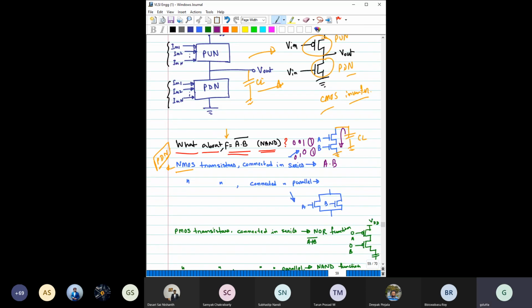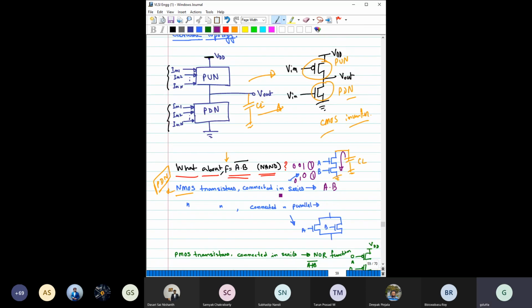Now what will happen if you connect two NMOS in parallel, say like this? Again, think from the same perspective. If you give 0 1, yes, now it can discharge. If you give 1 0, it can also discharge. If you give 1 1, it can discharge.